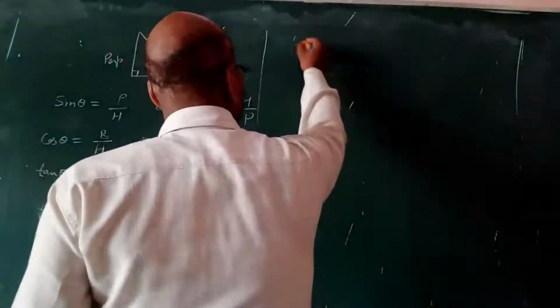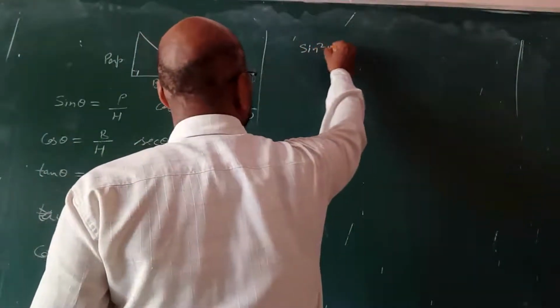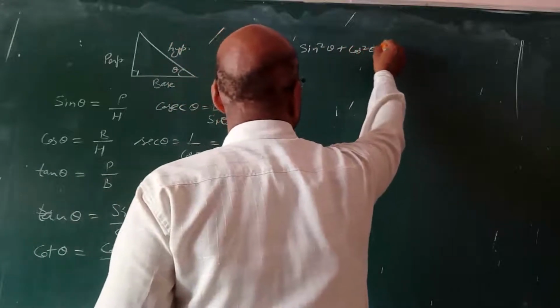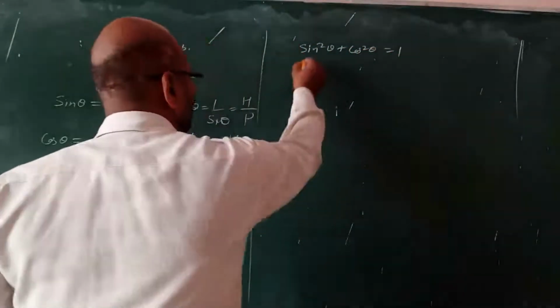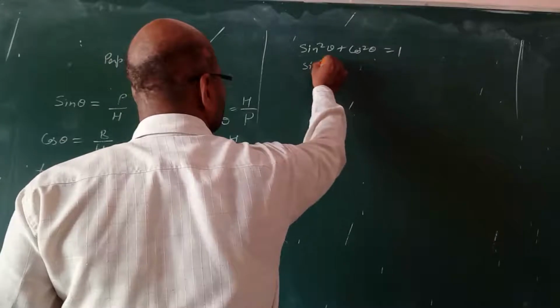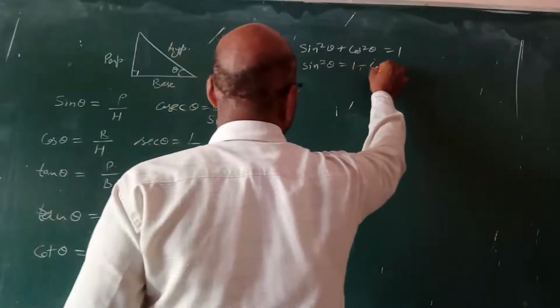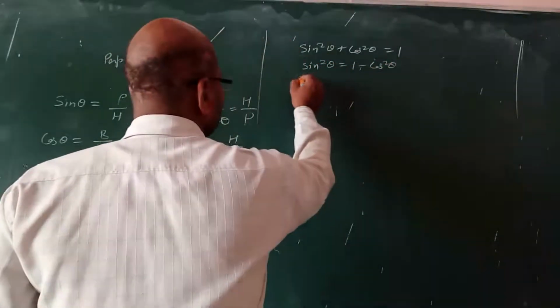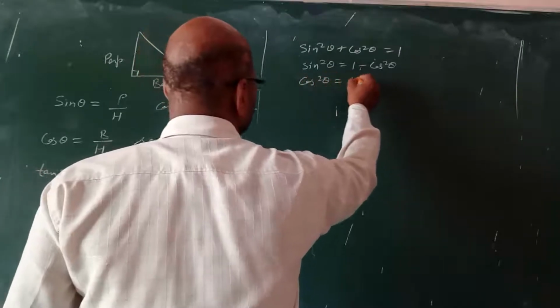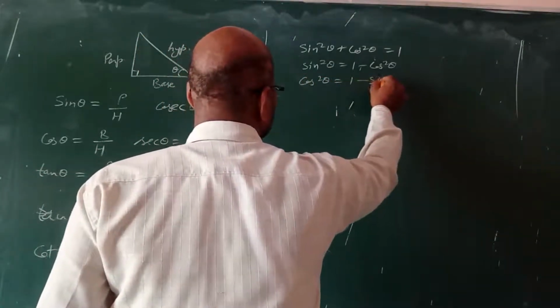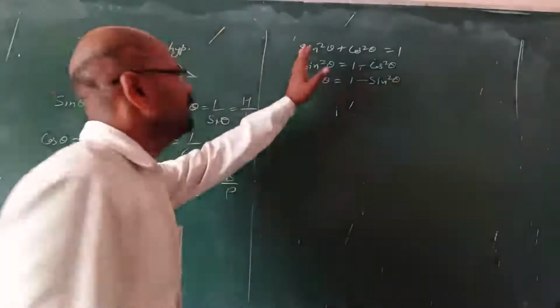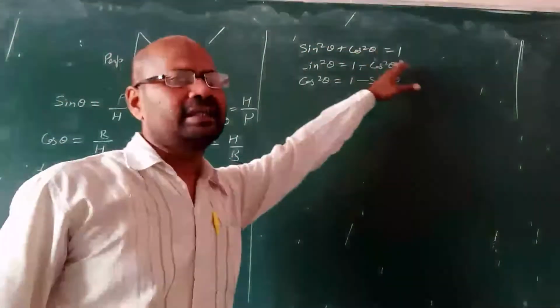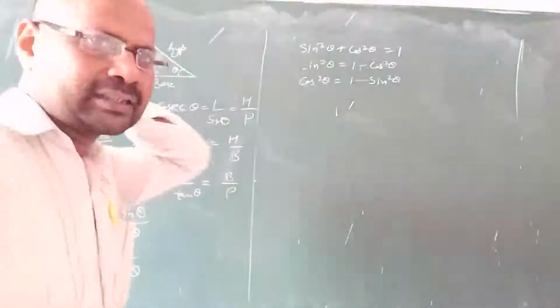Next, the formula is sin square theta plus cos square theta equals 1. Another is sin square theta equals 1 minus cos square theta, and cos square theta equals 1 minus sin square theta; we just take cos square theta and sin square theta to the other side.